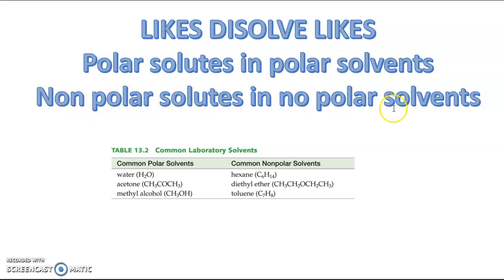Here you have some common polar solvents: water, acetone, methyl alcohol, and some common non-polar solvents as hexane, diethyl ether, and toluene. Remember that we have studied before how we can determine that a compound is polar or non-polar.